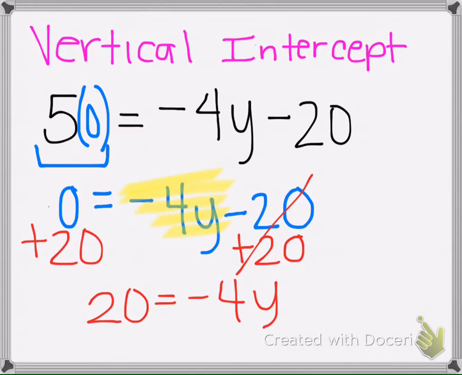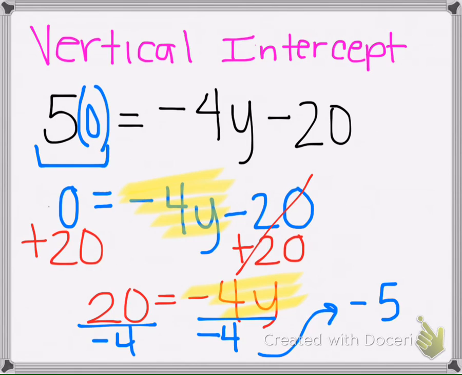And now that the y term is isolated, we're going to divide by the coefficient, -4. And we would get a y value of -5.